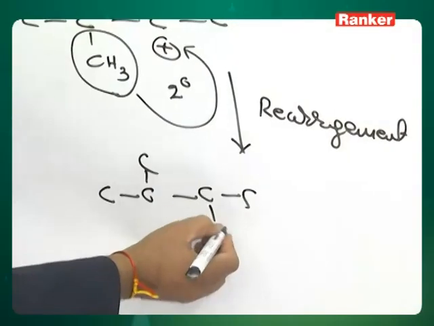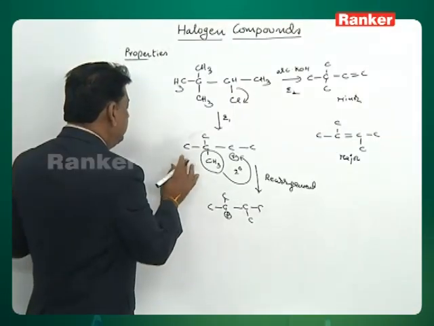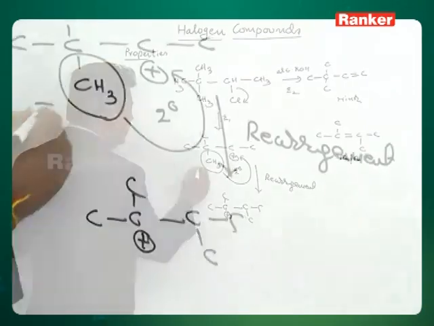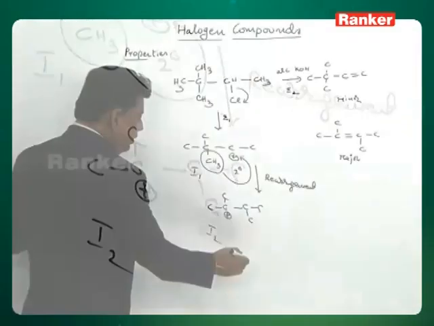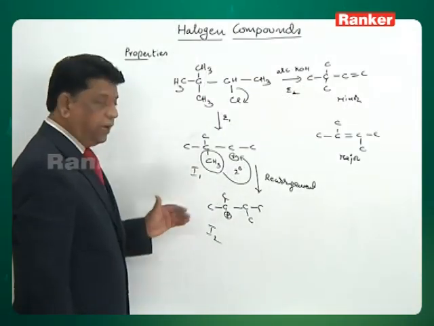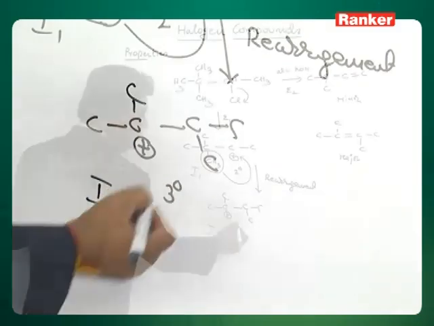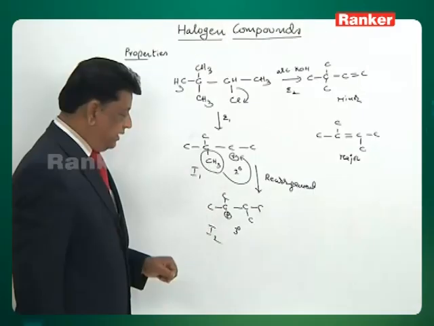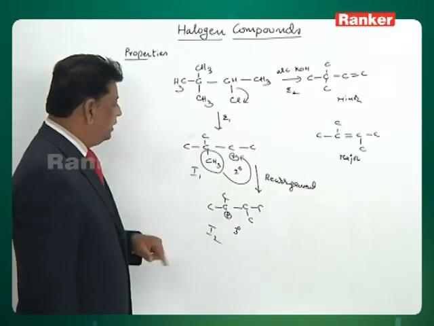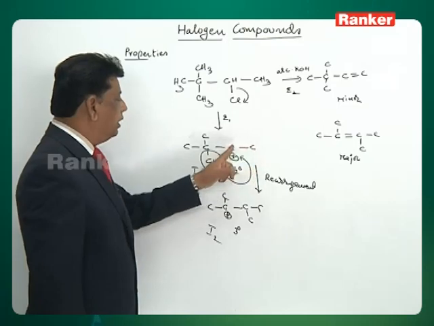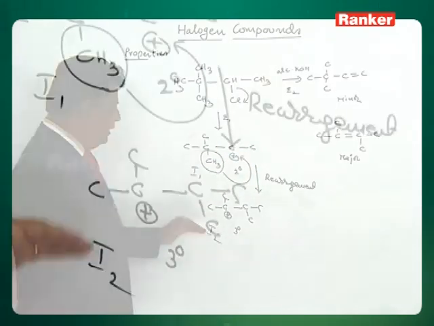So we have a rearranged carbocation. Let us say this is intermediate 1, I1, which through rearrangement is converted into intermediate 2. This is also a carbocation intermediate, but a 3 degree carbocation, which has now 3 inductive effects, 3 plus 3 plus 1, that is 7 hyperconjugations, whereas here only 3 hyperconjugations and 2 inductive effects are there. So either way the 3 degree is more stable.